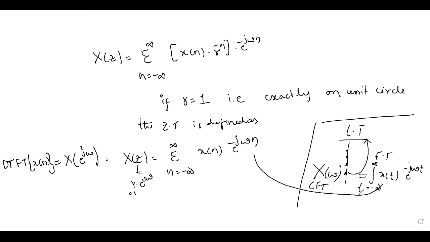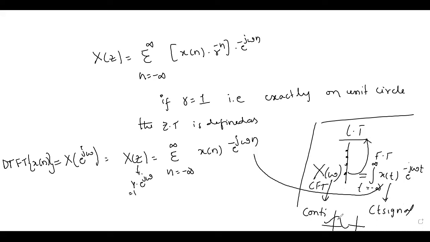Whatever problems, whatever topics we discussed in the second chapter related to Fourier transform, that is the continuous Fourier transform. Then what is the difference between these two? Here x of t is a continuous signal, and whatever Fourier transform is there, that is also in continuous form. Fourier spectrums were also continuous like this, isn't it?